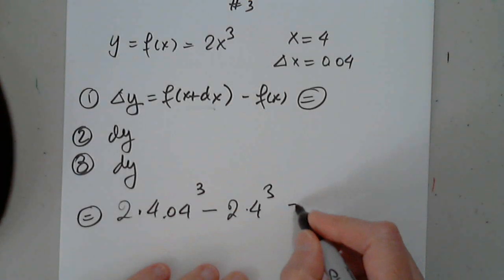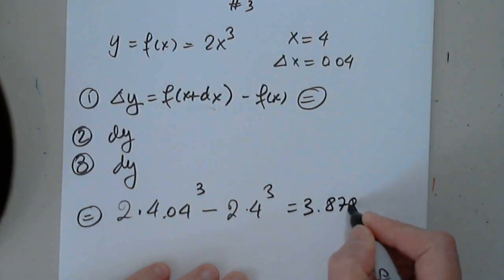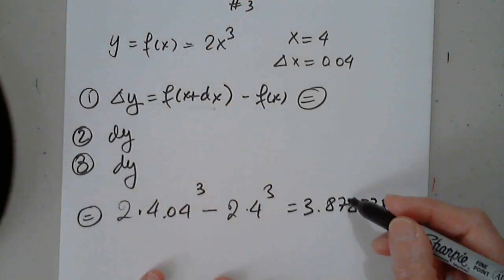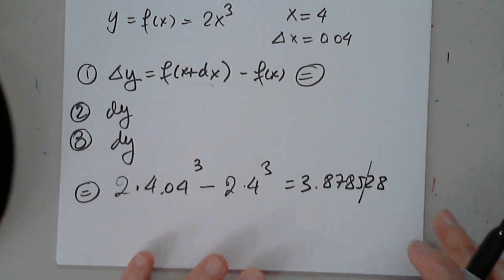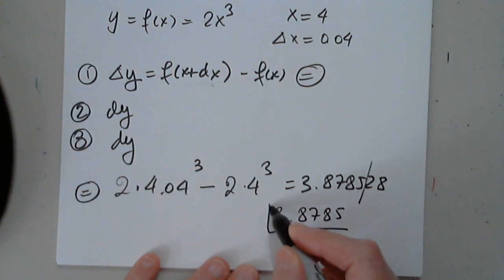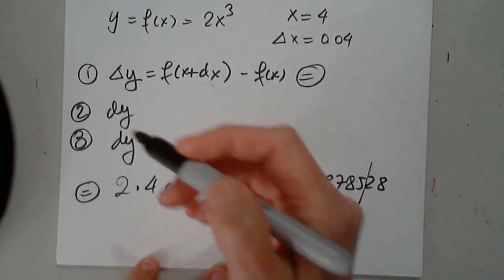So I got 3.878528. I don't know how many decimal digits they want. Round to 4 decimal places. Okay. So 4 means this. So we should enter 3.8785. And that's part 1.